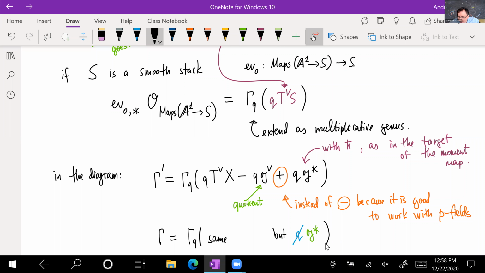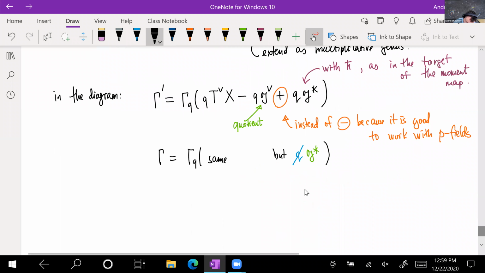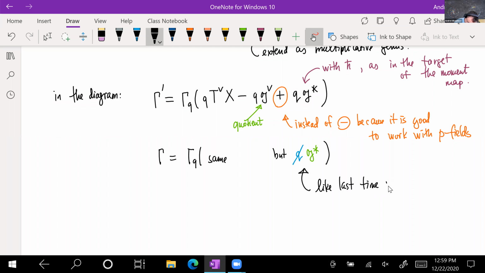Would you like to cancel with this denominator, or you don't like to cancel with this denominator? Yeah, we don't put that q. It's like last time. This is with the denominator 1 over h bar. So this is what it gets us.